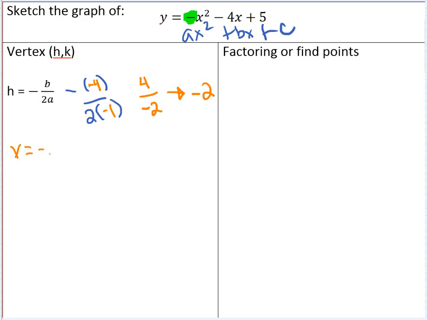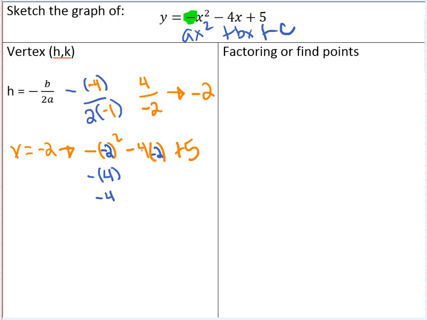We're going to set x equal negative 2 to find our k. And we're going to get negative x squared minus 4 times x plus 5. We're going to plug in negative 2. Negative 2 squared is 4. I have that negative sign out front, so it's negative 4.